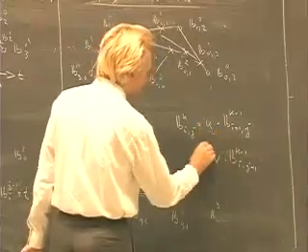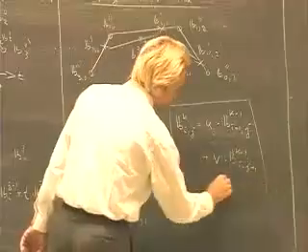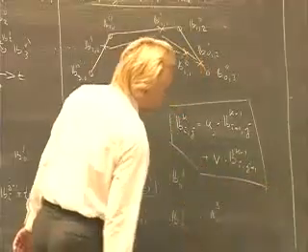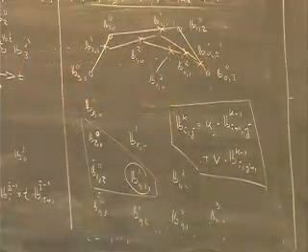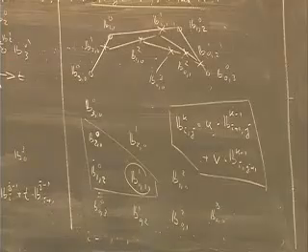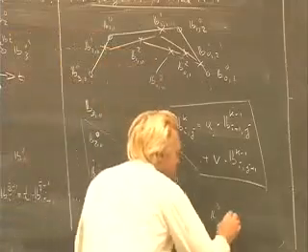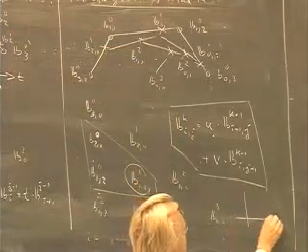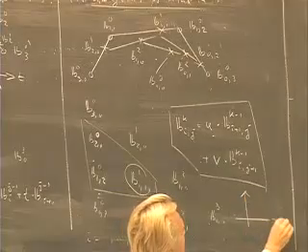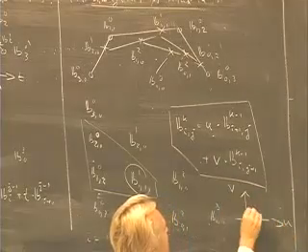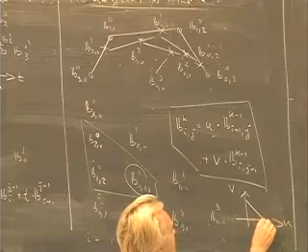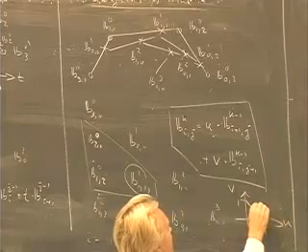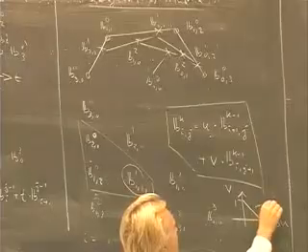Where do they come from? We express everything in terms of two parameters, u and v, on this line. This is 1, this is 1, and this is a line, u plus v equals 1.